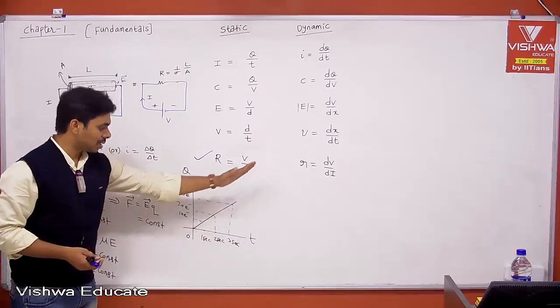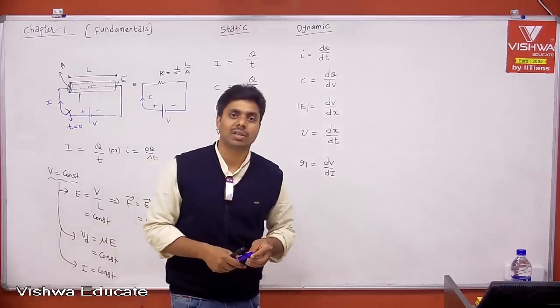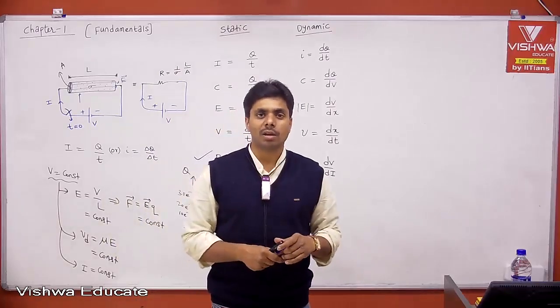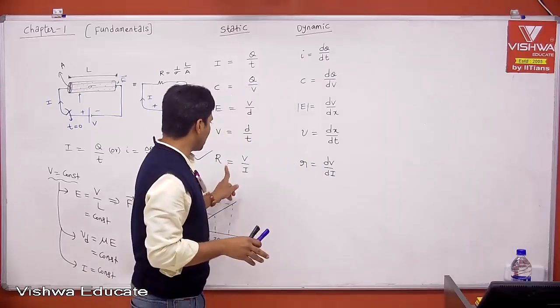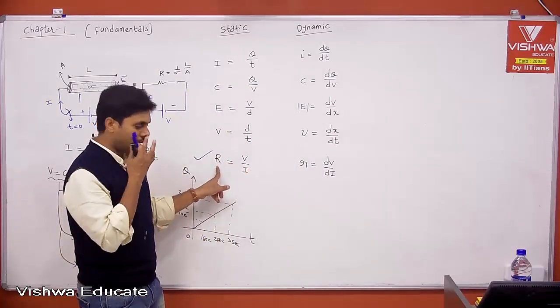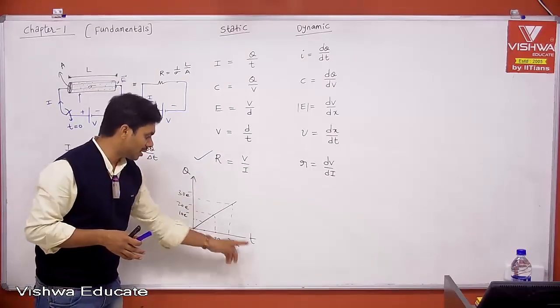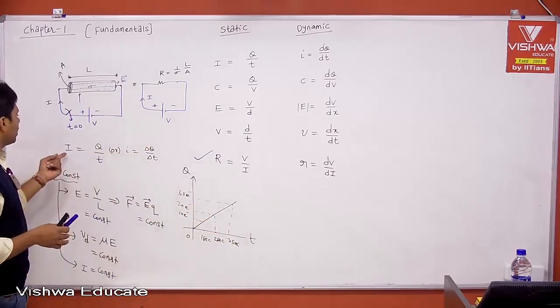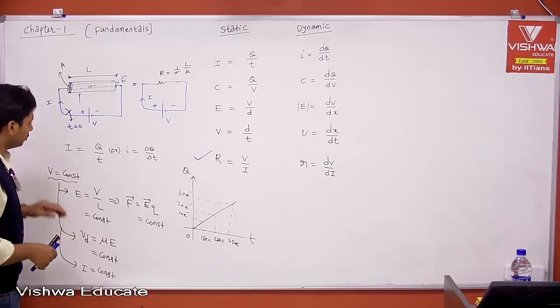If the relation is linear, you can go for either the static or the dynamic definition. It is not only for resistance. If the relation between voltage and current is linear, then again static way or dynamic way. Similarly, if the relation between dependent and independent parameter is linear, you can go for either. I can explain this mathematically also.